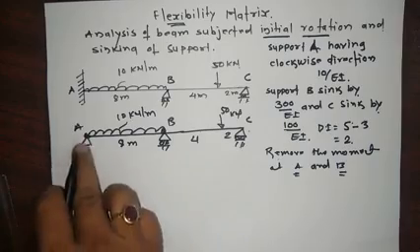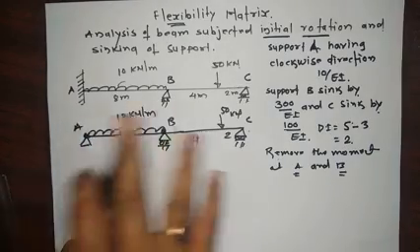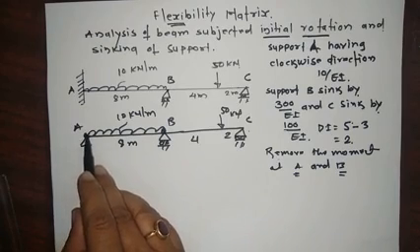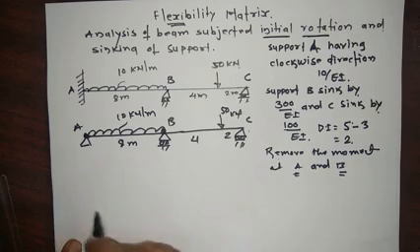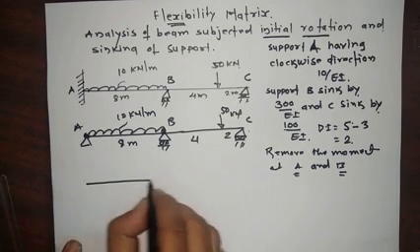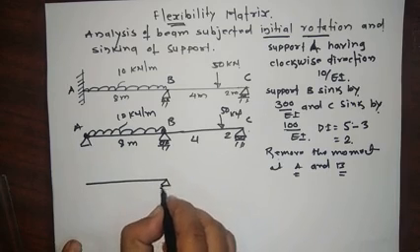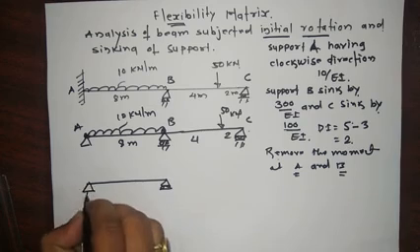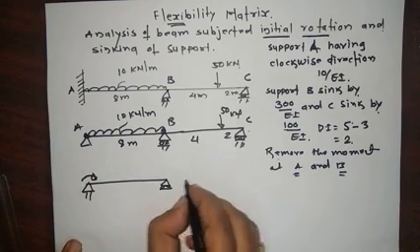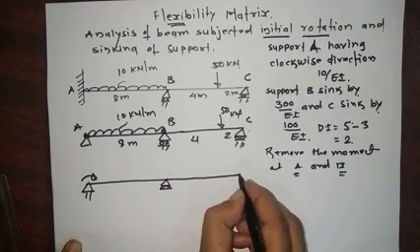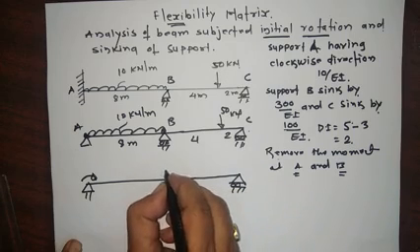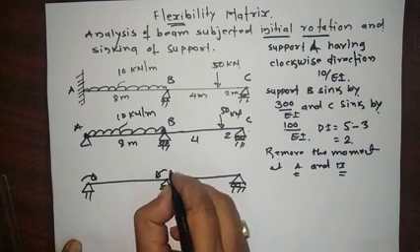Now apply the rotation where we release the forces. If you release the moment, apply the rotation. If you release the force, apply the force. So here we apply the rotation in this way, and here we apply the rotation like this.